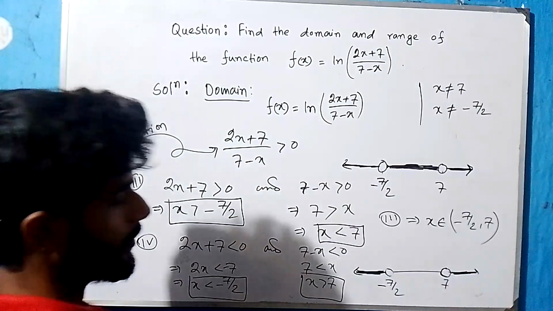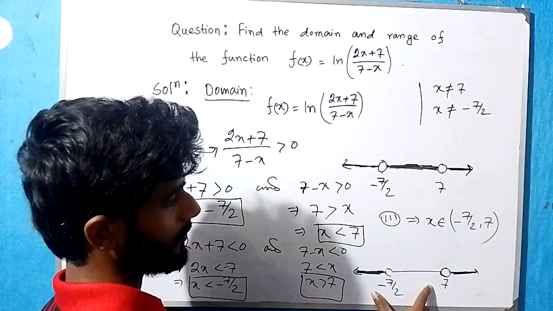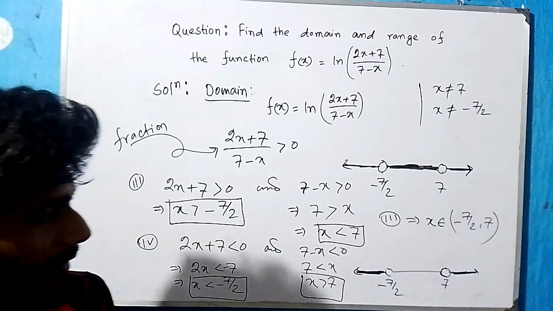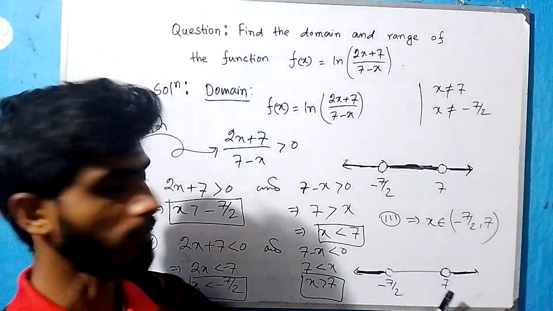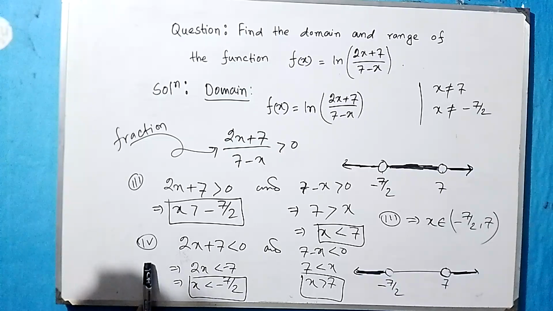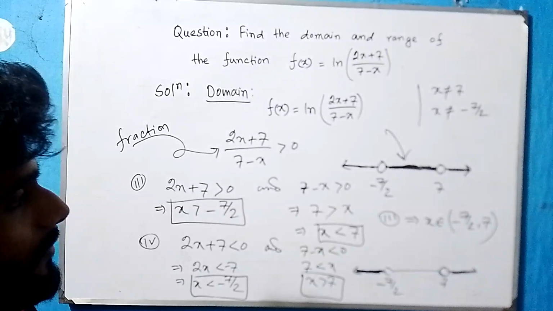So on this real number line we don't have any common parts, right? That's why from our observation 4 we don't have any x values here. So our domain will be this part.